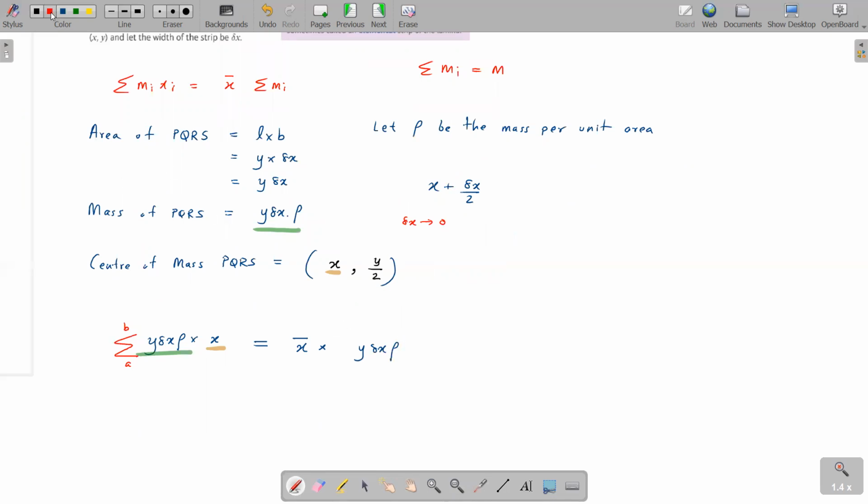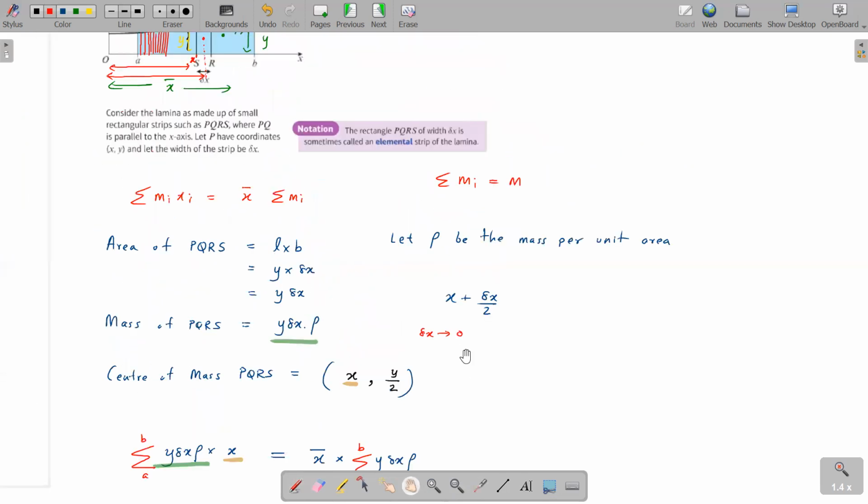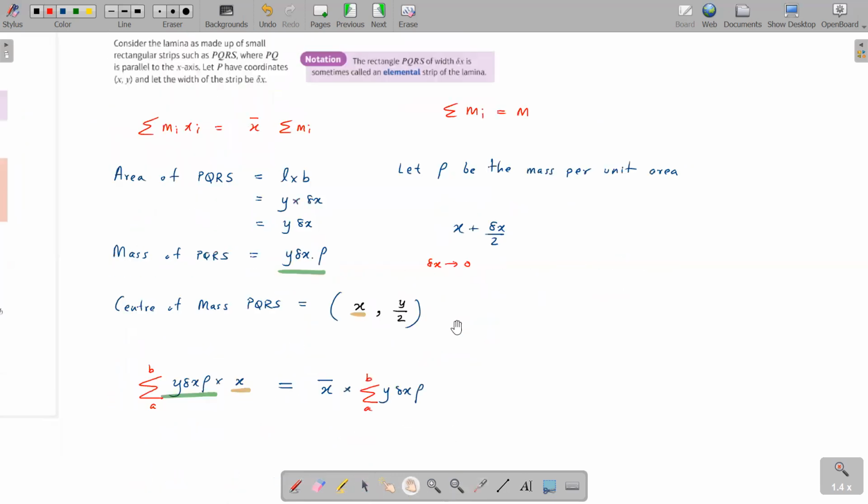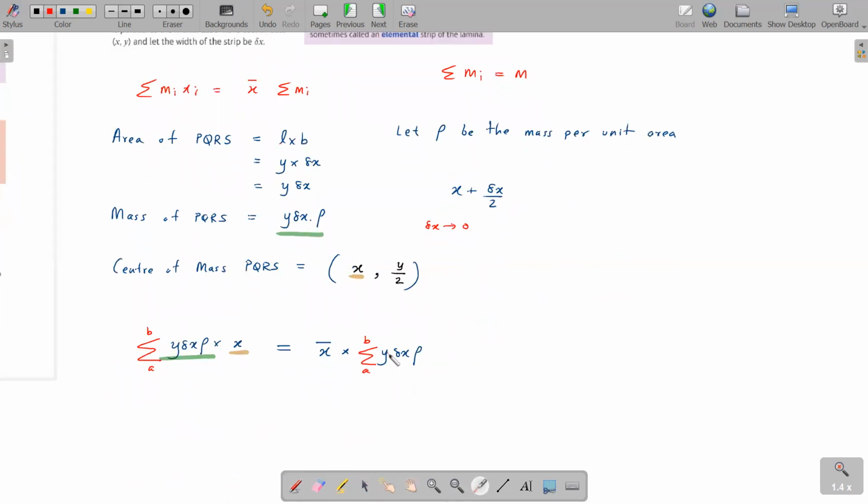So take the summation of all the rectangles from a to b. You know there are many rectangles, so you take the addition of all the rectangles from a to b. That gives you the total mass. All right, guys.